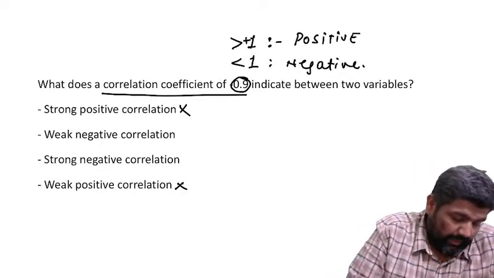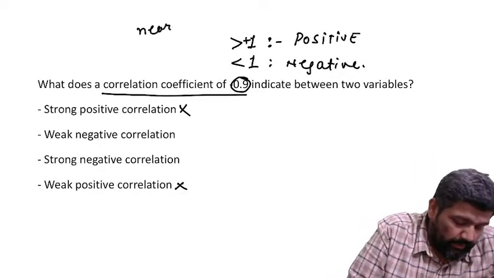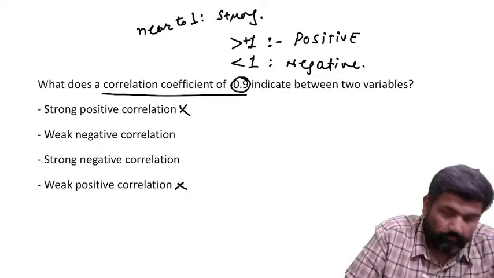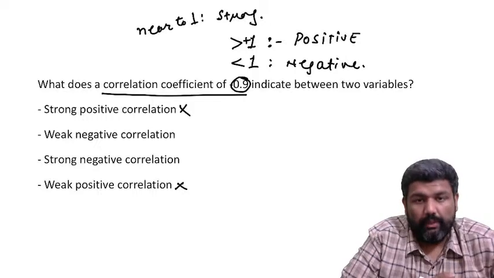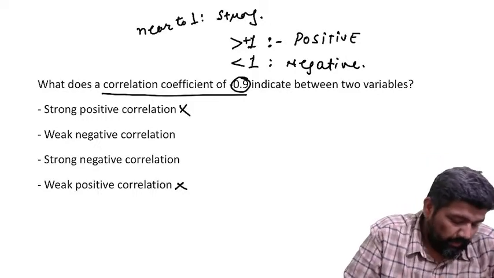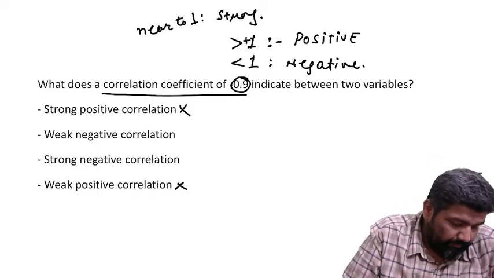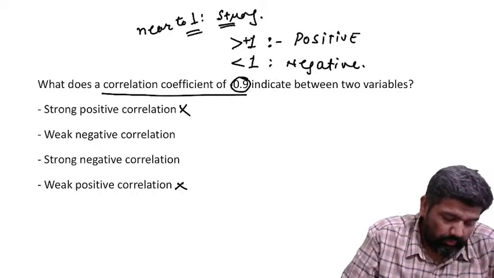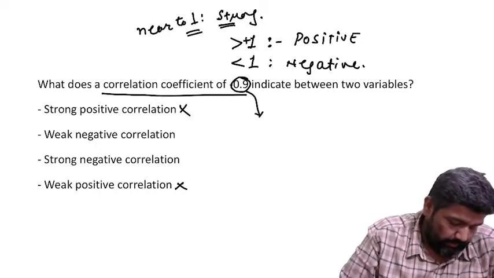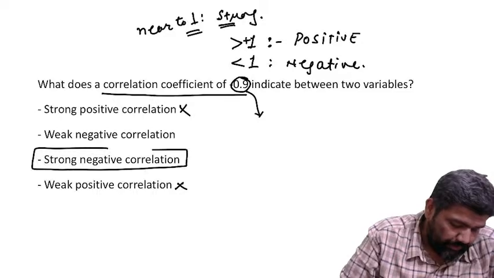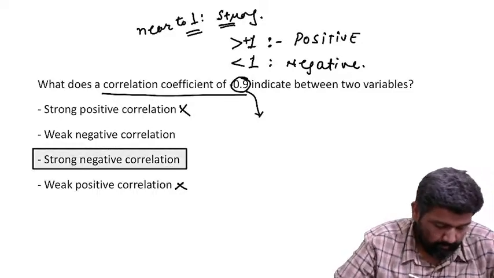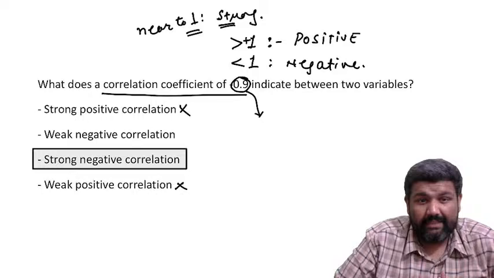Here, if the value is near to 1, it is strong. So it is 0.9, so it is a strong negative correlation. Sir, can you give another example?